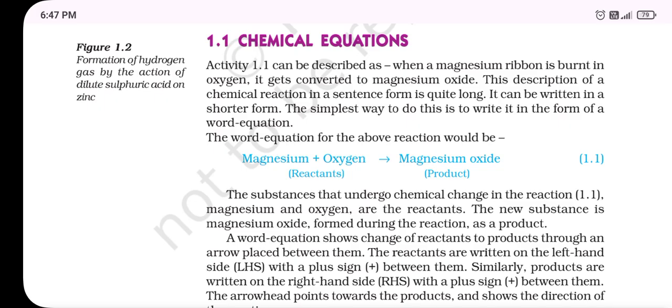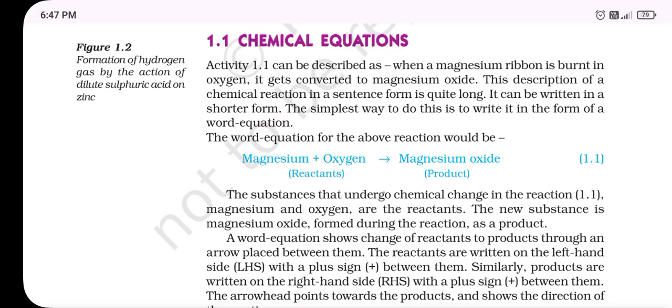So let's go over here. The word equation for the above reaction would be magnesium plus oxygen forms magnesium oxide. On the left side you have magnesium plus oxygen, they are called reactants.